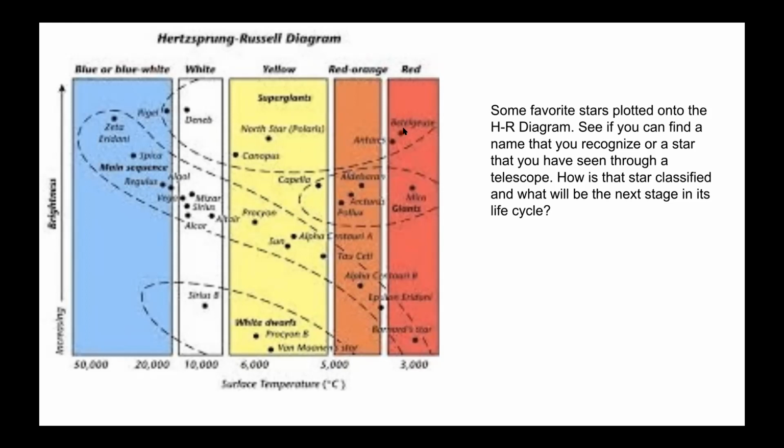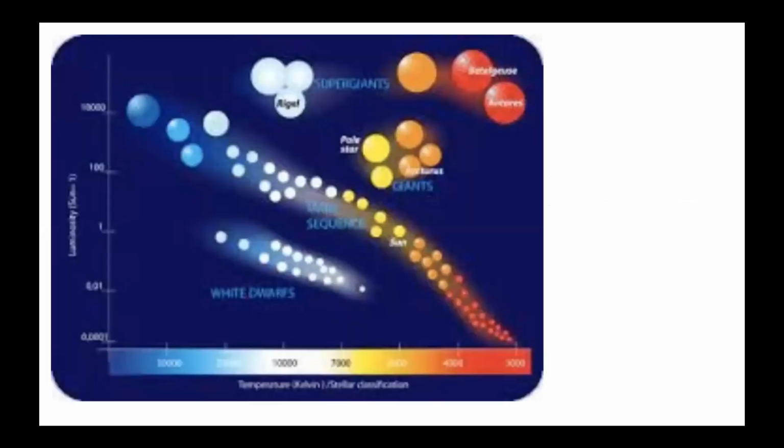You can find a few other favorites like Betelgeuse and Deneb. If you have a little telescope or even a pair of binoculars, you can find some of these stars and think about where they are on that diagram and why.